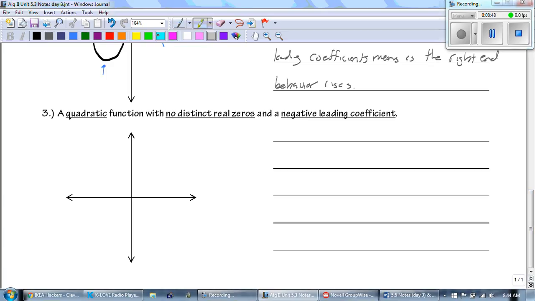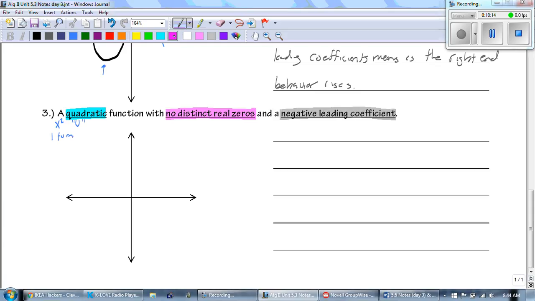So here we go. We have a quadratic function with no distinct real zeros with a negative leading coefficient. Quadratic, we know that's x squared. That's our U-shaped graph. It has one term.